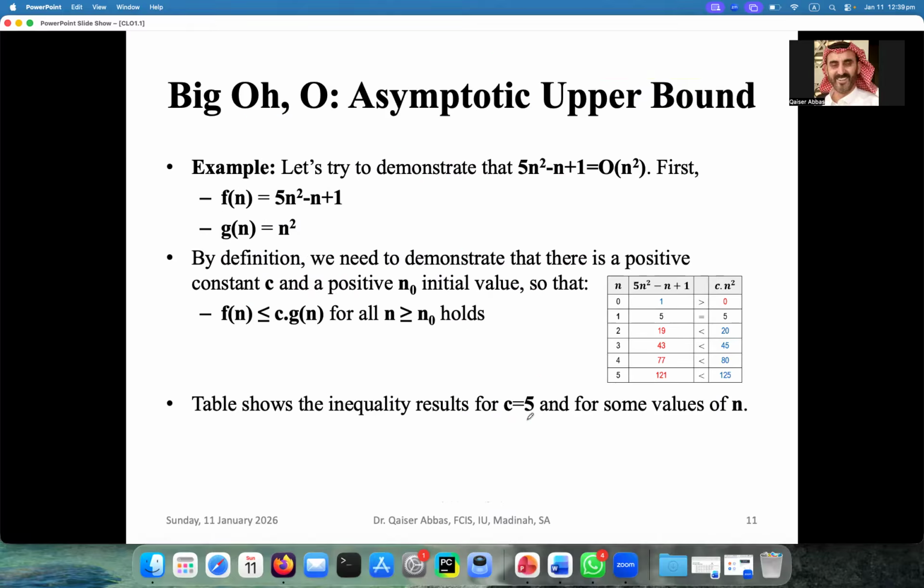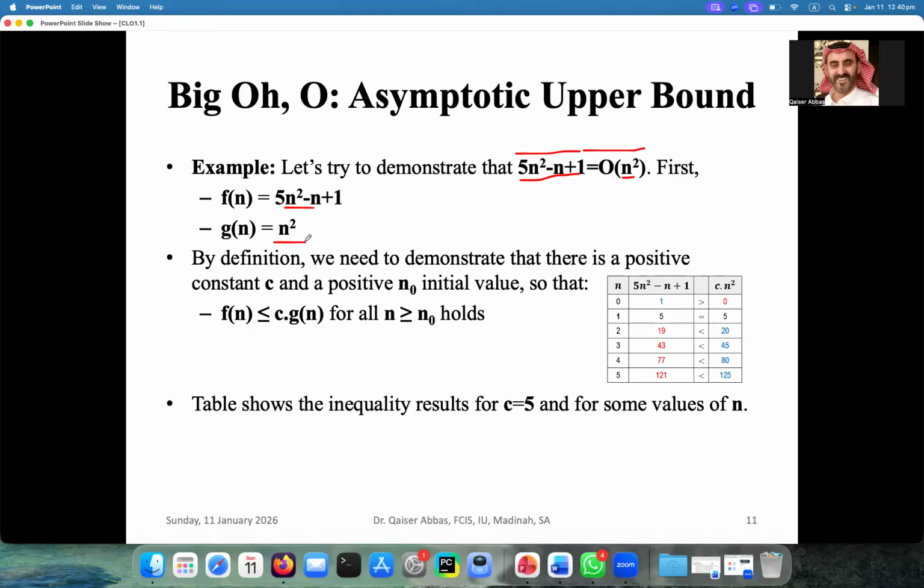Now, moving next, we are going to get an understanding through an example. Let's try it. 5n square minus n plus 1 is equal to order of n square, if that is given. This is our f of n, and n square is our g of n, according to the notation that we studied in the previous slide.